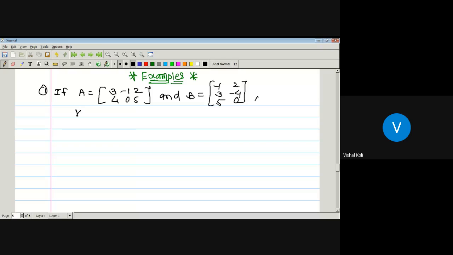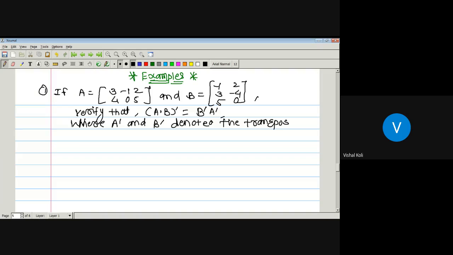Verify that (A B) transpose is equal to B transpose into A transpose, where A dash and B dash denote the transpose matrix of A and B respectively.